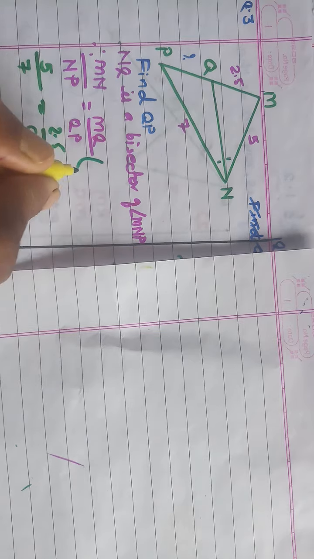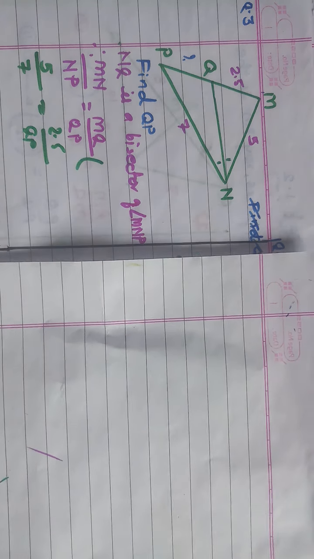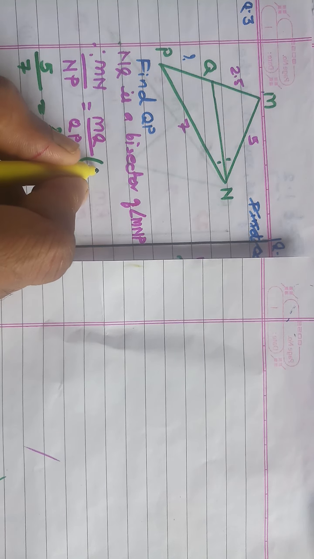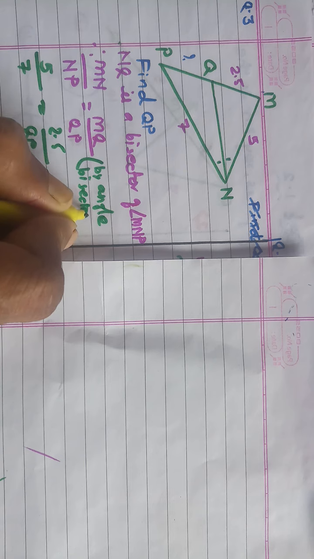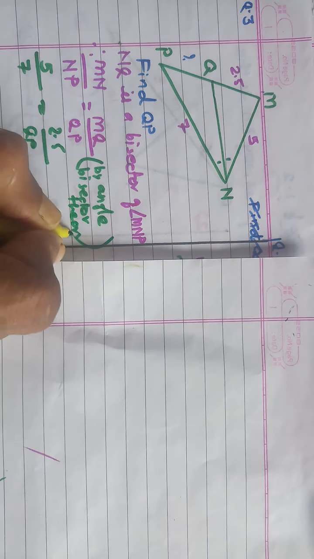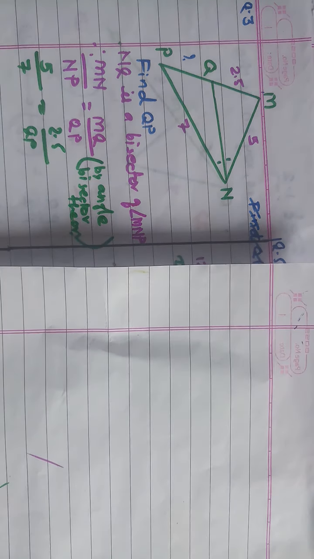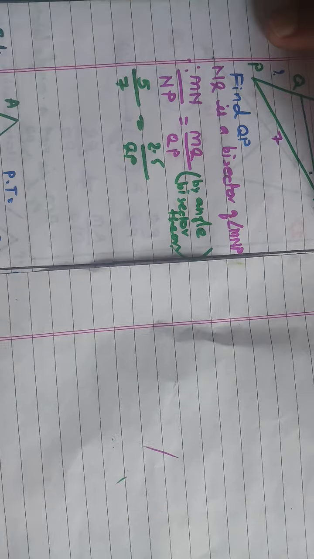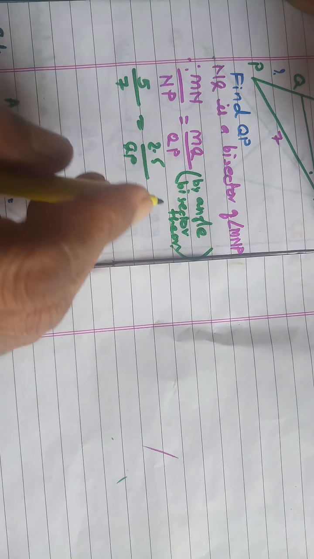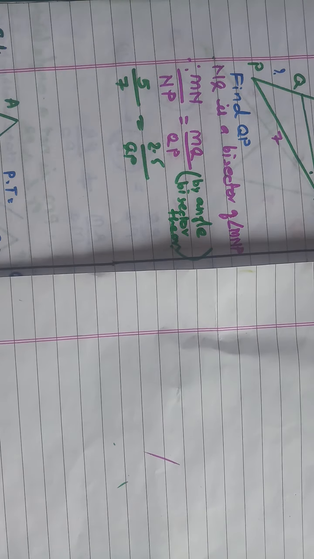Okay, now here we have to write the name of the property which we use, that is angle bisector theorem. By angle bisector theorem. So every time we have to write the property which we use. There is a mark to write the property. Now cross multiply it.